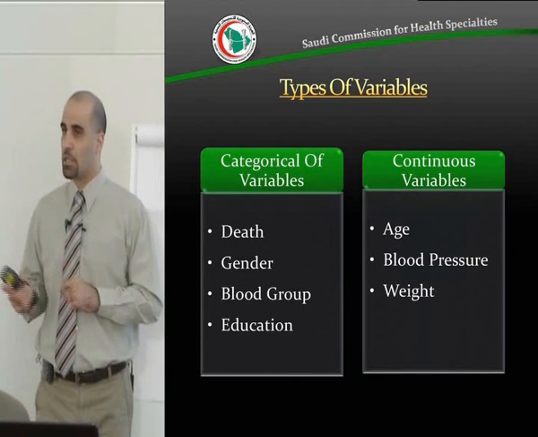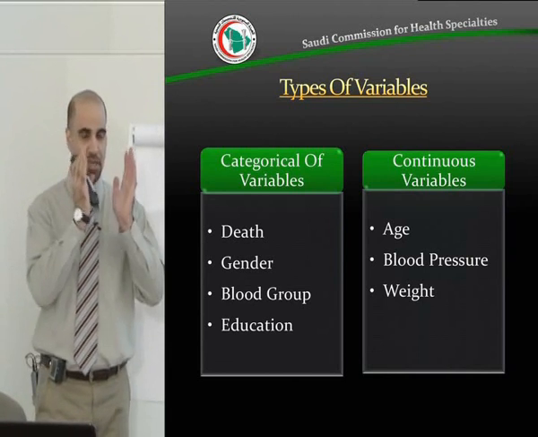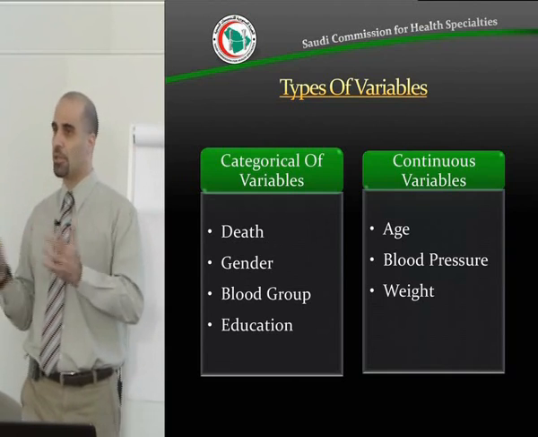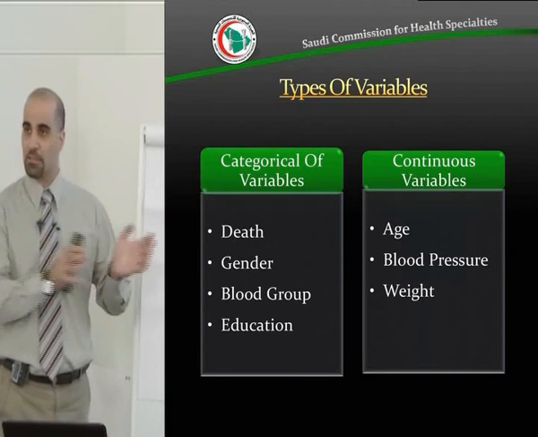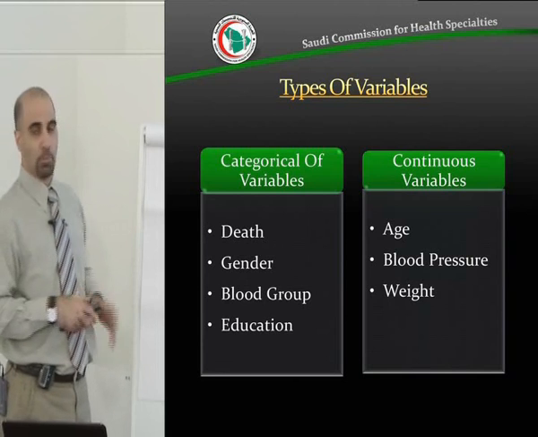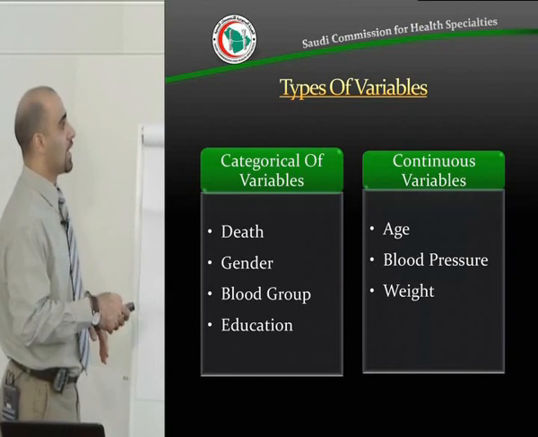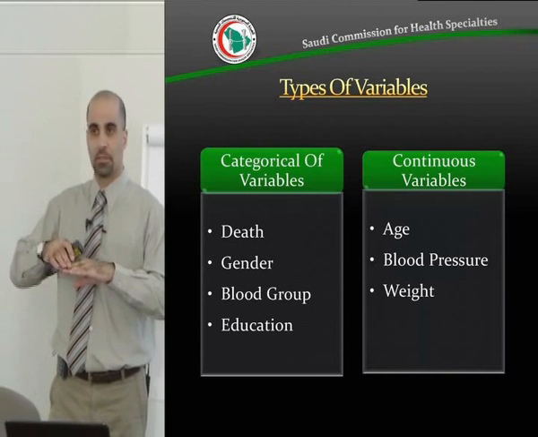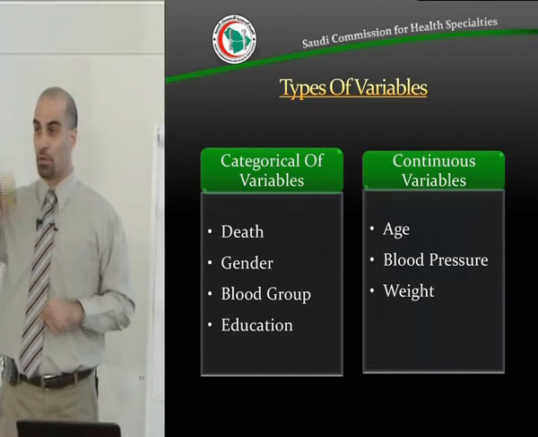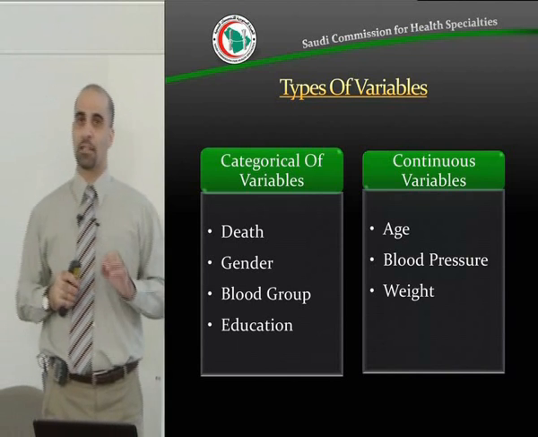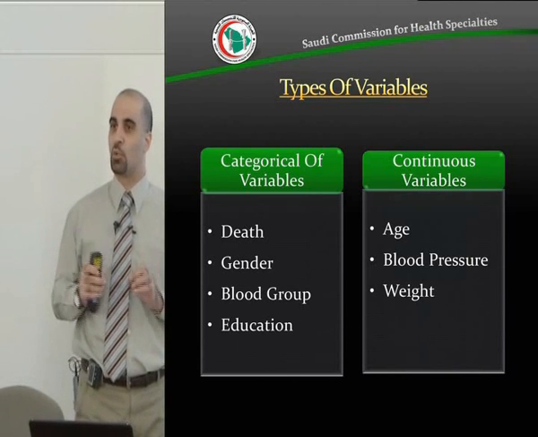So I can either put the person as a male or a female, two categories. Death, yes, no. Blood group, A, B, and O. So different categories, and so on. Education, I can say illiterate, elementary, secondary, university, and so on and so forth. So all of these are categorical where a person fits into one category.